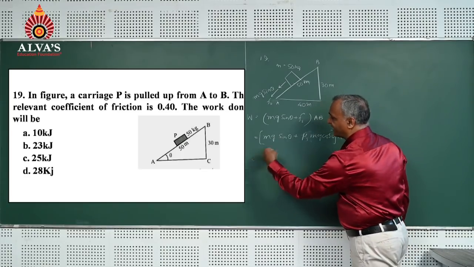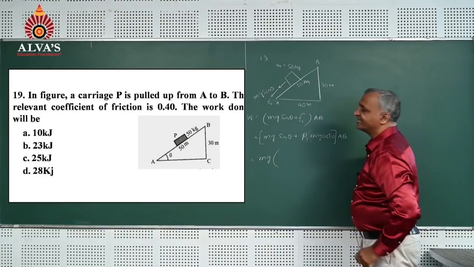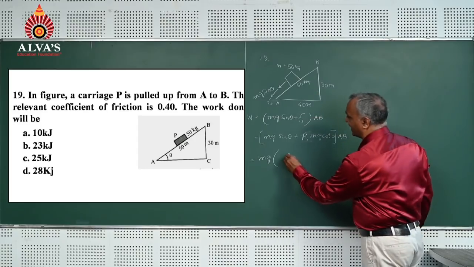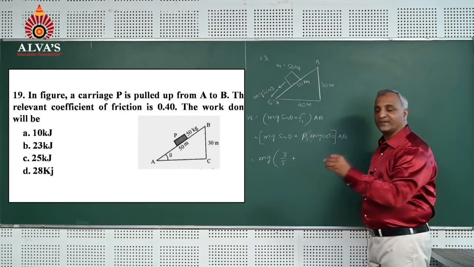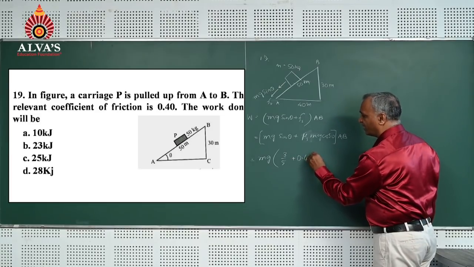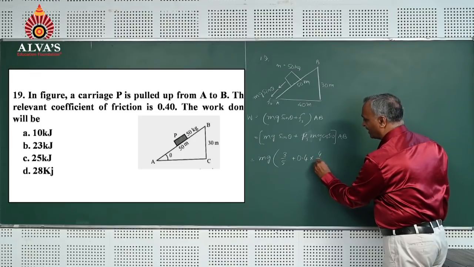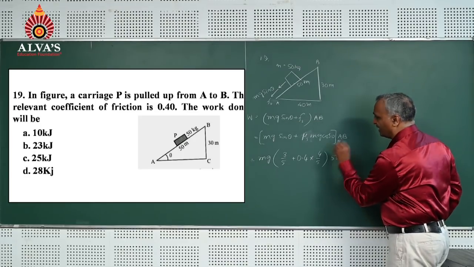And so I can take out mg, and inside I have sin theta from the triangle, opposite side by hypotenuse, so it becomes 3 by 5, plus frictional coefficient given as 0.4 and cos theta is 4 divided by 5, and this into AB is 50 meter.